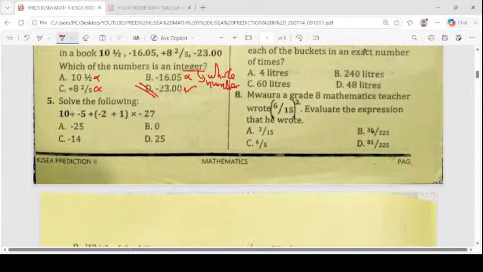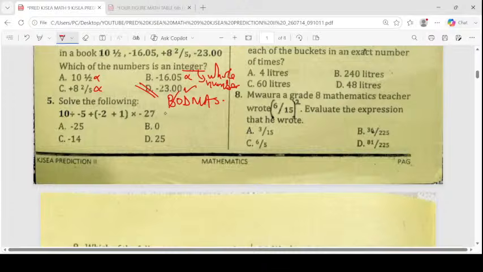Question 5. Solve the following: 10 divided by negative 5 plus negative 2 plus 1, times negative 27. When you have more than one operation, always remember to apply BODMAS. Brackets, yes, they are there.